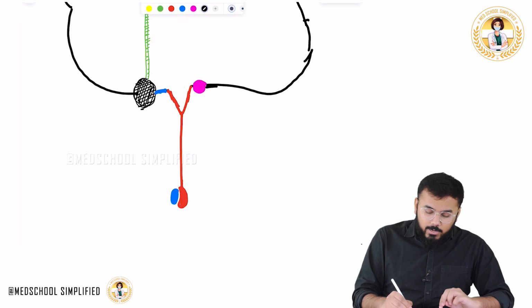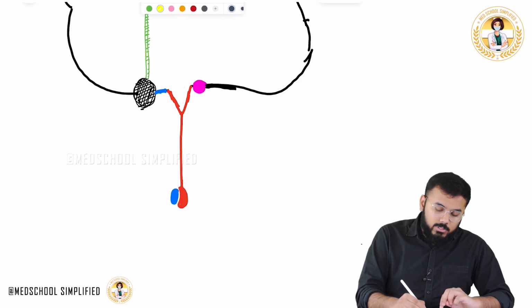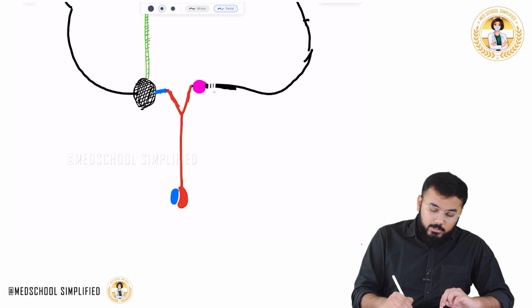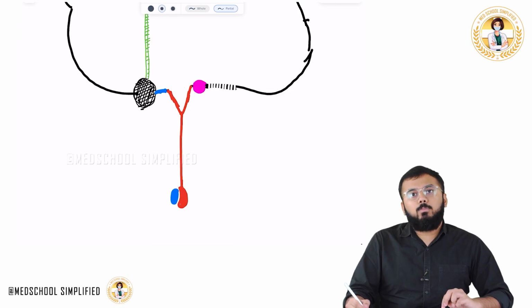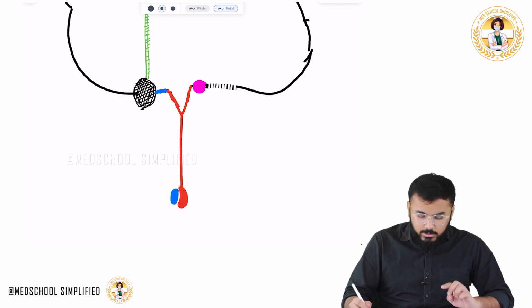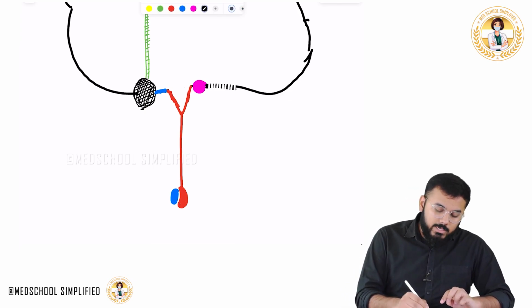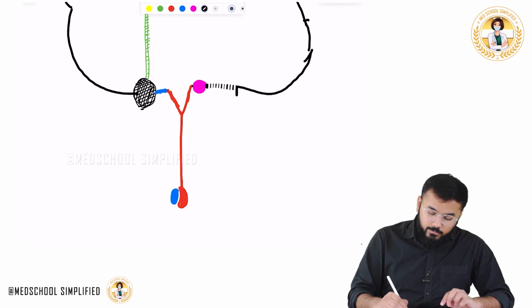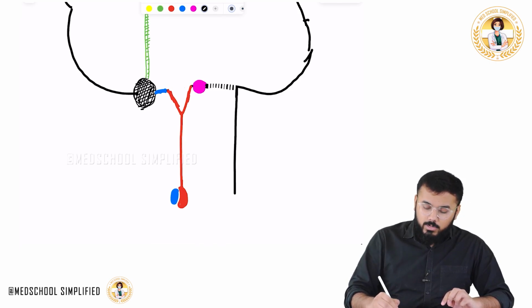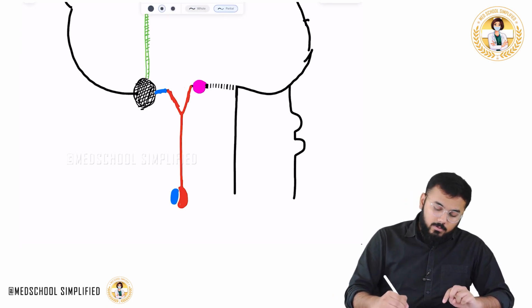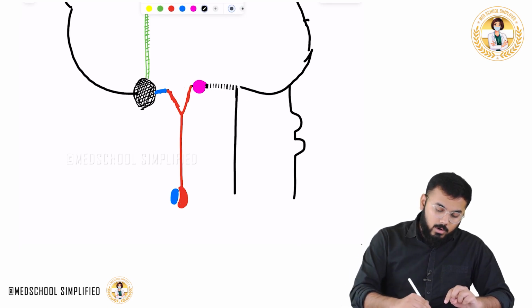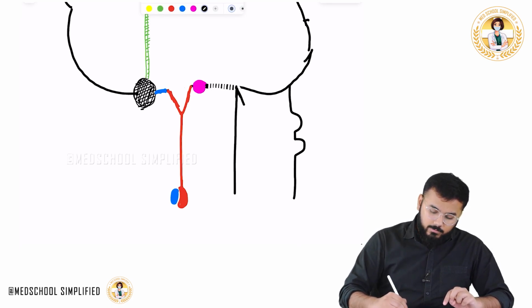Now after this mammillary body, you see this substance over here, which is perforated all the way like this. These perforations are called the posterior perforated substance, right? And exactly behind this posterior perforated substance you have your midbrain.